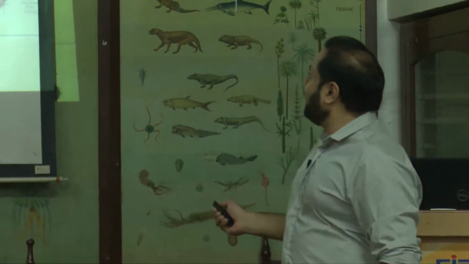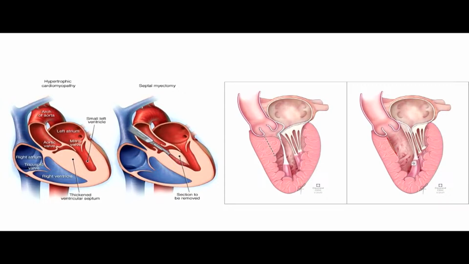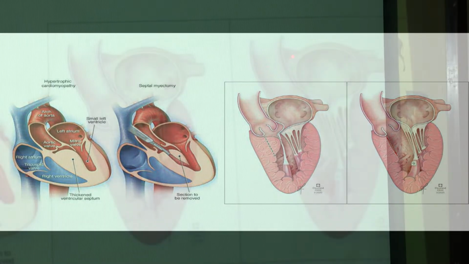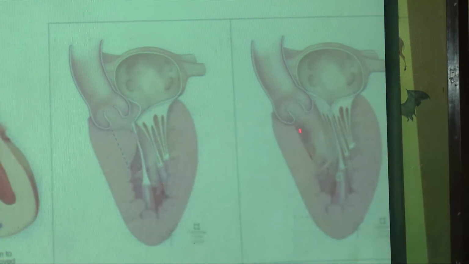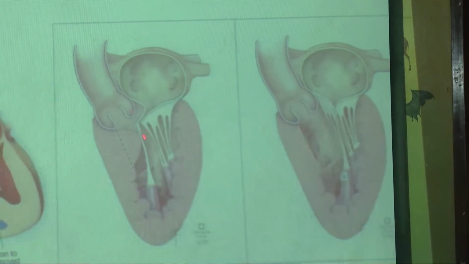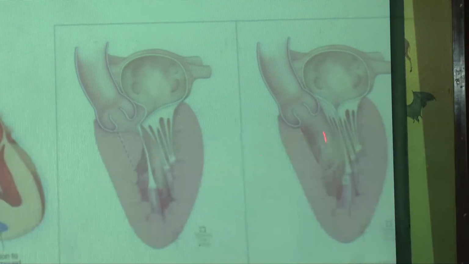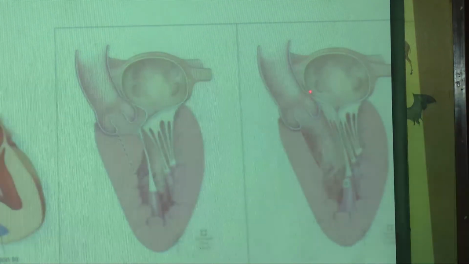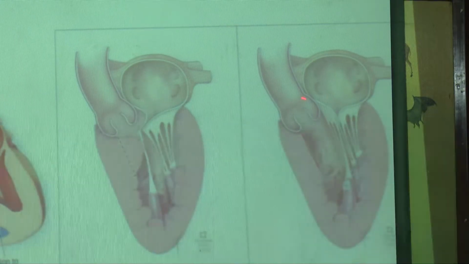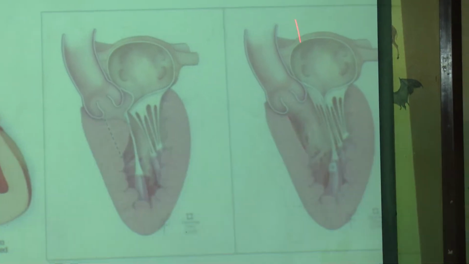Suppose your eye is here, you have given the incision here, then you will be able to see this septum and this bulge. Now you go inside and cut this part. Once this part is cut, it will revert back to this position, so all the Venturi effect will be gone and the patient will be symptomatically better. Gradient, Venturi effect, anterior mitral leaflet, MR, everything will improve.